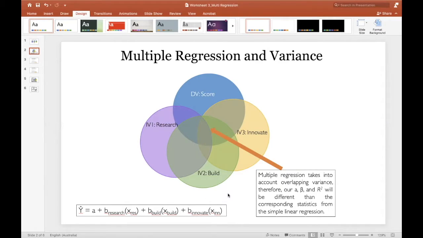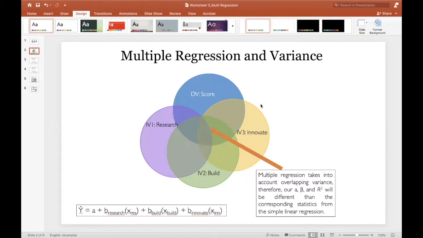Now, when we talk about multicollinearity or shared variance, we're really referring to this overlap. So if you consider each score being all of the data within each of our individual variables, so our circle for score or ratings is all of the variability in judges' ratings, and then the variability in research, the variability in build, and the variability in innovation.